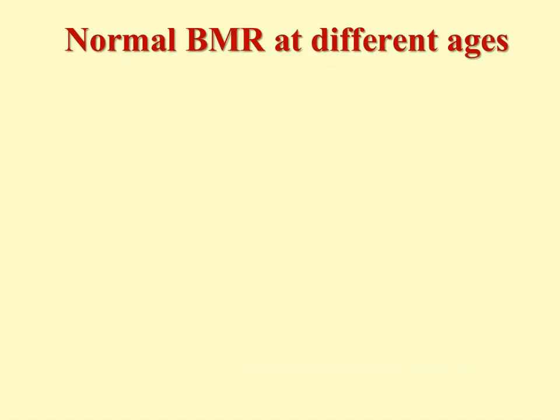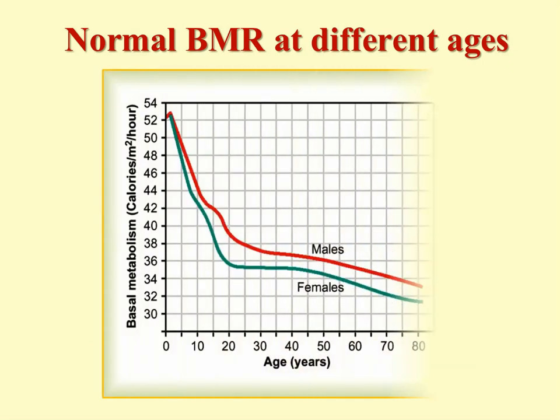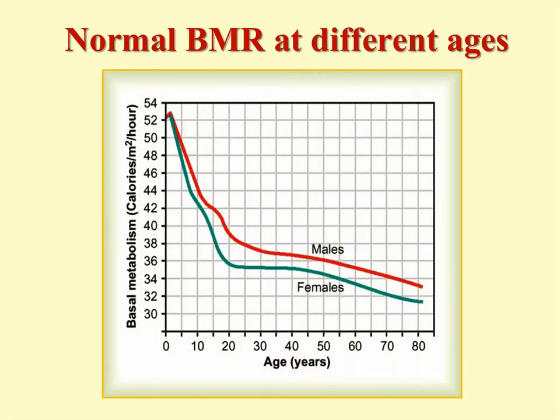Normal basal metabolic rate at different ages. This figure shows the changes with age of basal metabolic rate, but note that here you don't see absolute values of basal metabolic rate. Otherwise, of course, you would see how you can compare the basal metabolic rate of the baby with that of an adult.